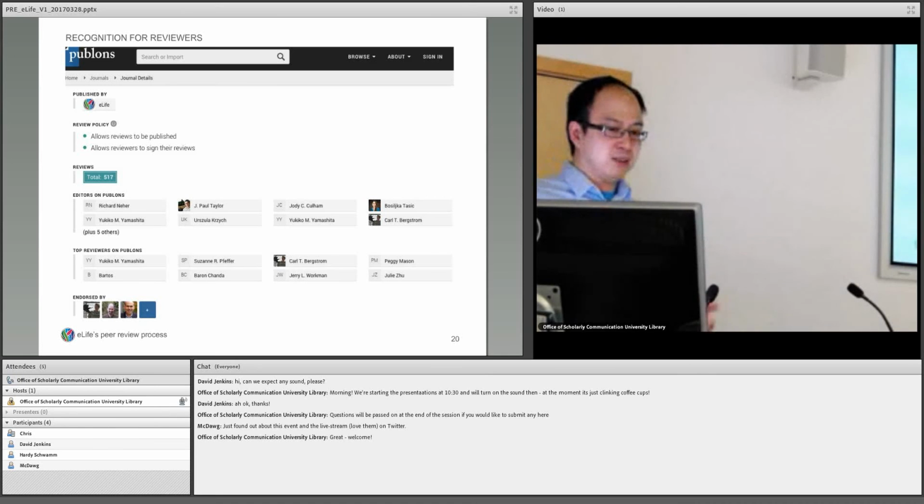Another way of crediting reviewers is that when we have a paper accepted, reviewers can also reveal their identity. So that's another way of recognizing their contribution.